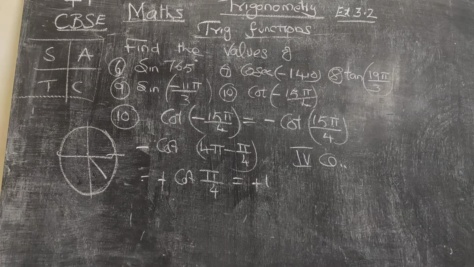By determining whether it lies in first quadrant, second quadrant, third quadrant, and assigning suitable sign, whether it is a minus or positive according to the rule all silver teacups or all school torture children, as you please. So that completes the exercise 3.2.